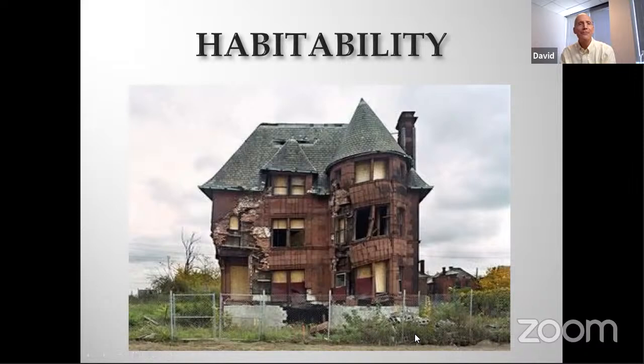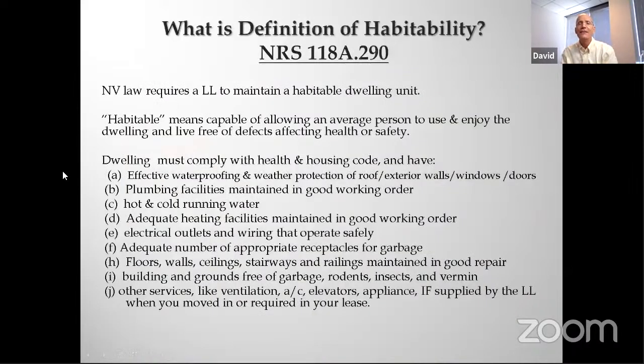All right, so what is habitable? Look, I think if you're tuning in, you probably have a problem, so you know what habitable is. The roof may be leaking. You may have wind coming through the front door or window. You may lack essential services like hot and cold running water or adequate heat or air conditioning.